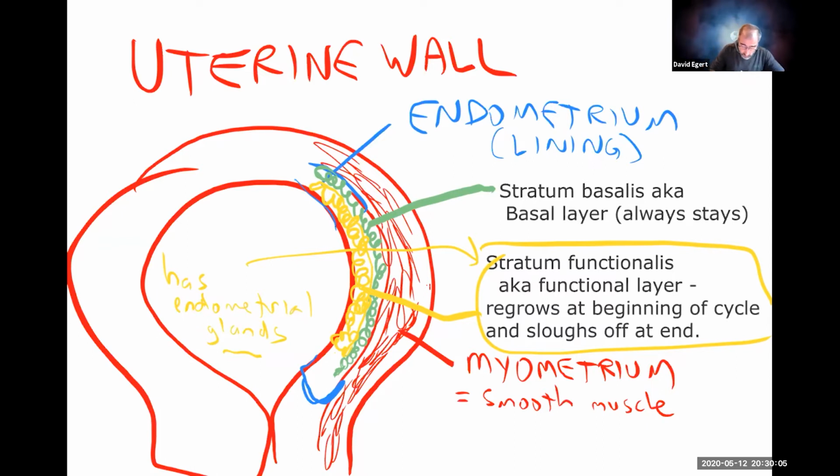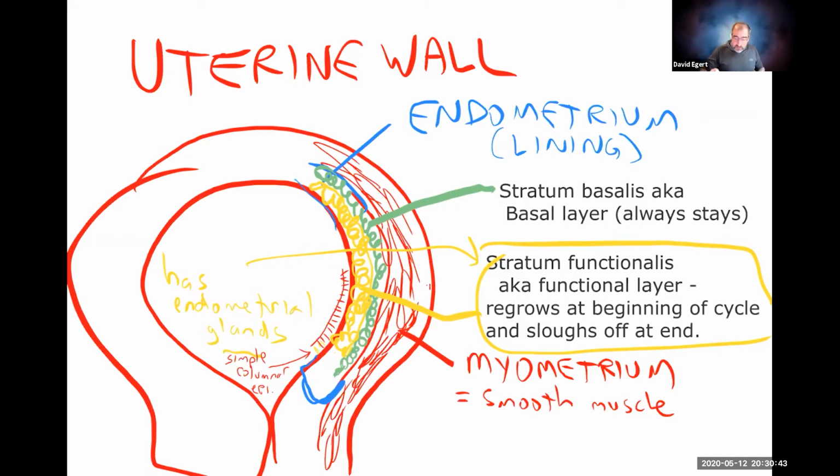The other thing I will add for completeness is there is a simple columnar layer of cells that cover the very inside of it all. Obviously, that simple columnar layer is also going to get swept away in the menstrual flow.